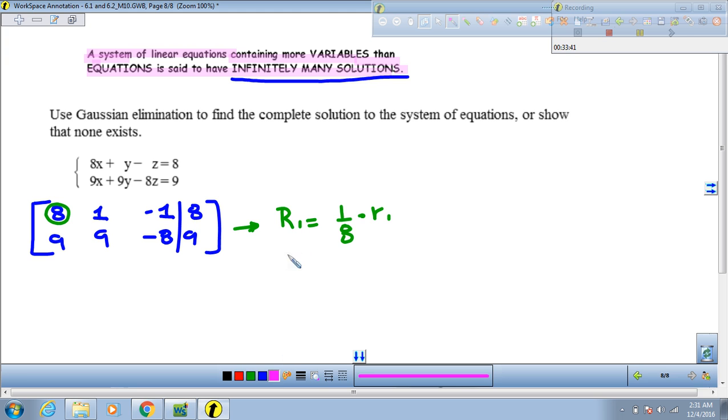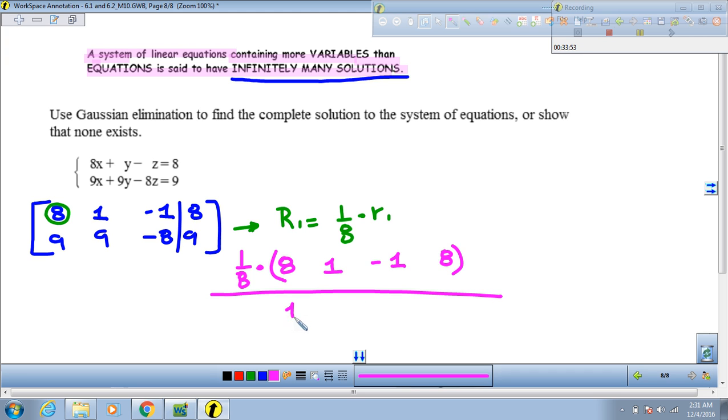So I'm going to copy every number in row 1, and I'm going to multiply it times 1 over 8. So 1/8 times 8, 1. 1/8 times 1, 1/8. 1/8 times negative 1, negative 1 over 8. 1/8 times 8 is going to be a 1.